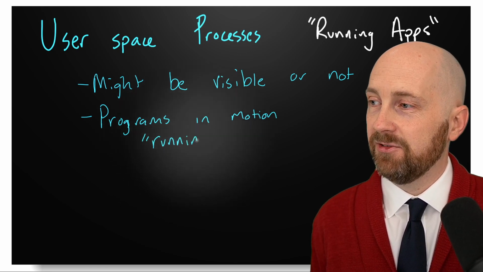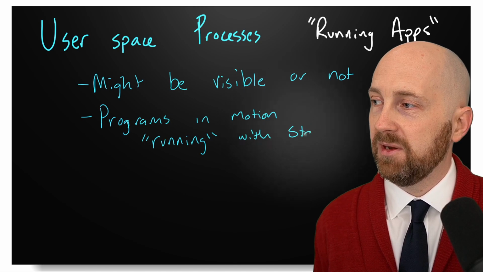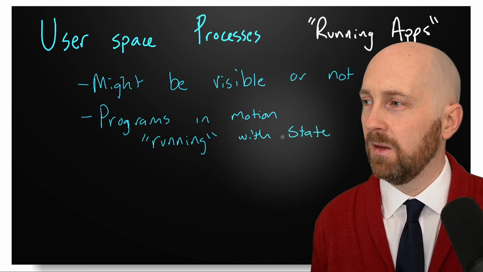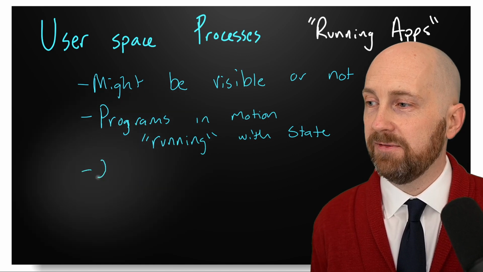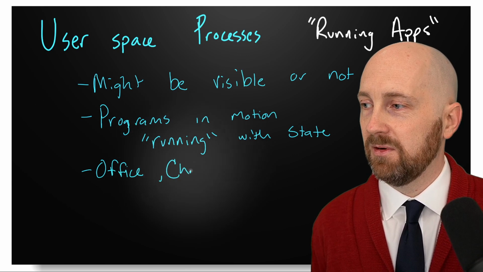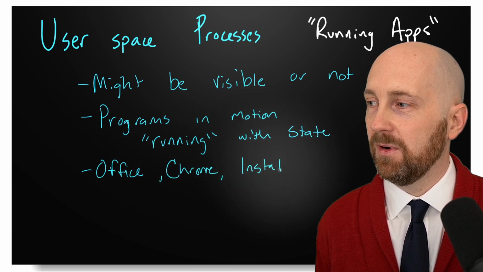They have state associated with them. And we'll talk a little bit more about what we mean by state more precisely and specifically in just a moment. These are things like Office, Chrome, your web browser, Instagram, and so on.